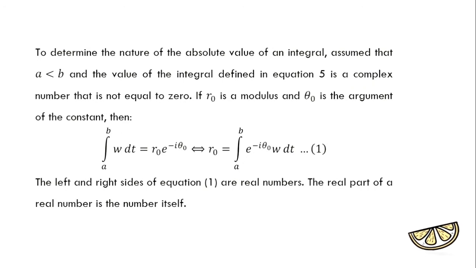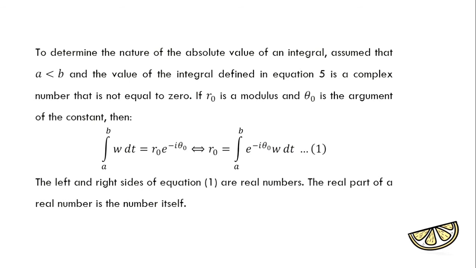To determine the nature of the absolute value of an integral, assume that a is less than b, and the value of the integral defined in equation 5 is a complex number that is not equal to 0.